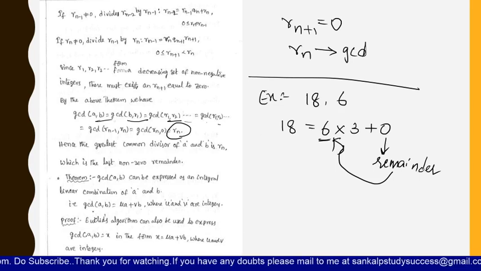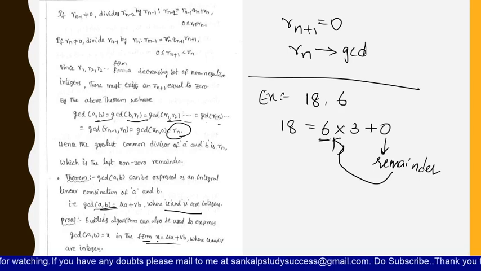That is nothing but GCD of a comma b is equal to ua plus vb, where u and v are integers. Expressing in a linear combination of a, b is the theorem. Now, how do we need to prove this theorem? How can you express two numbers in the form of a linear combination? Let us see.